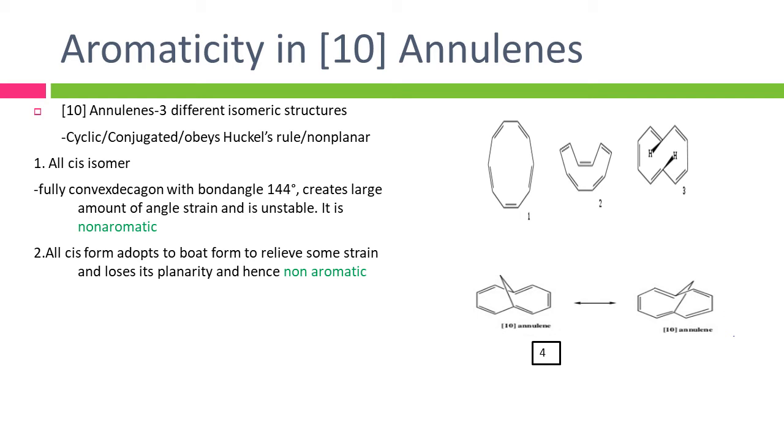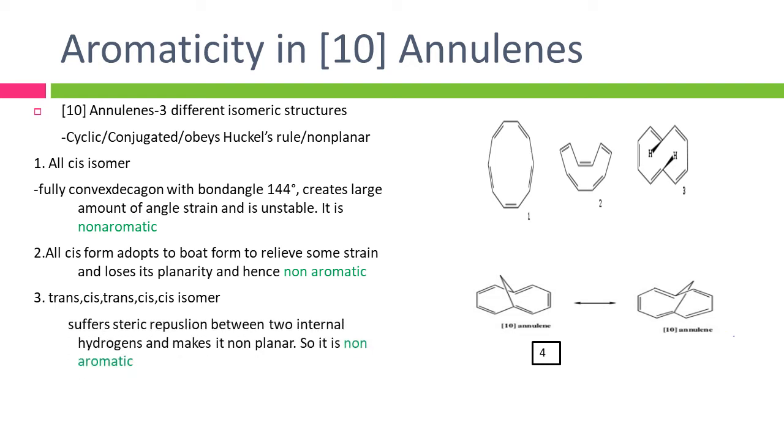The all-cis form adopts a boat form to relieve some strain and loses its planarity, and it is non-aromatic in nature. The trans-cis isomer suffers a steric repulsion between the two internal hydrogens, and it makes it non-planar. So it is non-aromatic in nature.